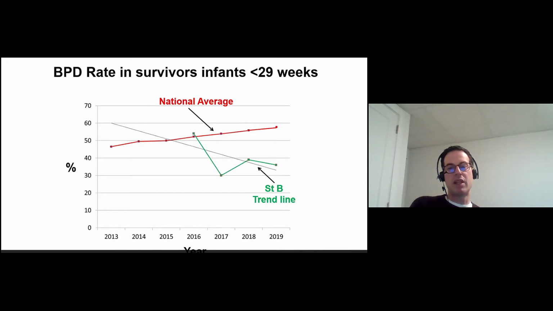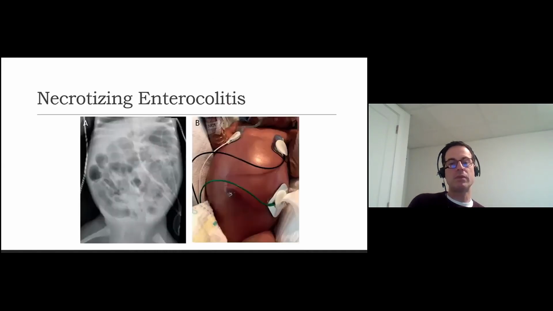I'm very proud to say that Winnipeg has great BPD rates. This is some degree of evidence. You could ask, what about the rest of the country? The question becomes, has everyone actually adopted the bundles? But certainly where we have adopted much of what's in the bundle, we are seeing much better outcomes.